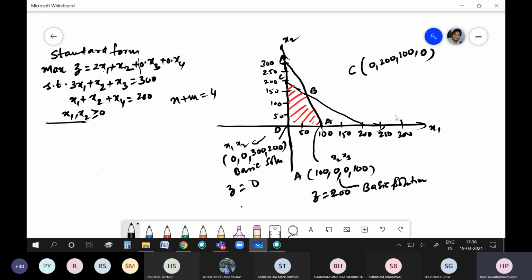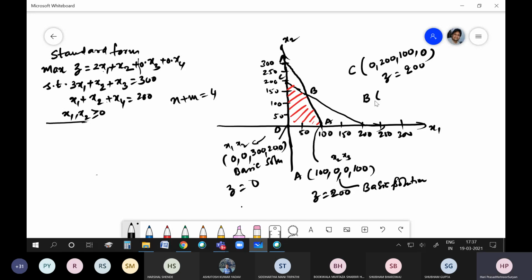And is it a feasible solution also? Yes, sir, because this solution satisfies the constraints also. Okay. And what is the value of z here? 200. Okay. So now come to point B.